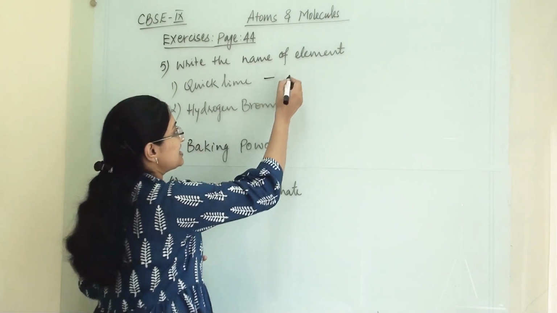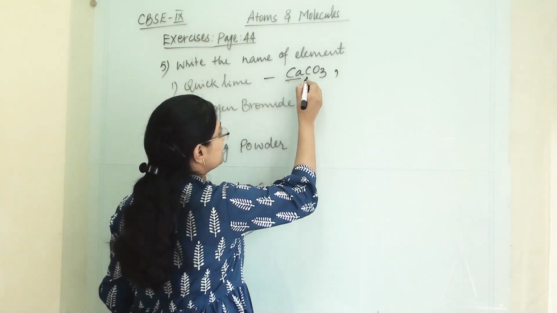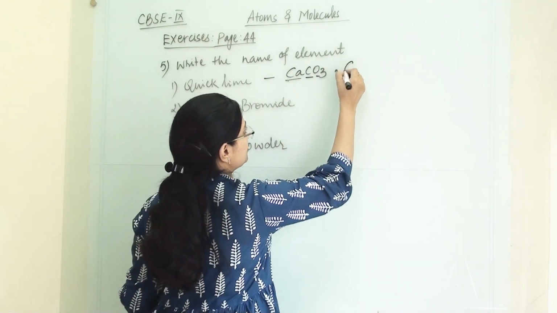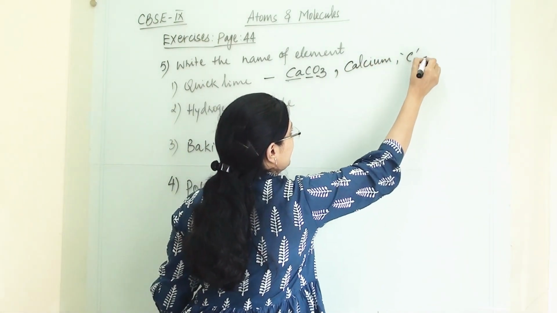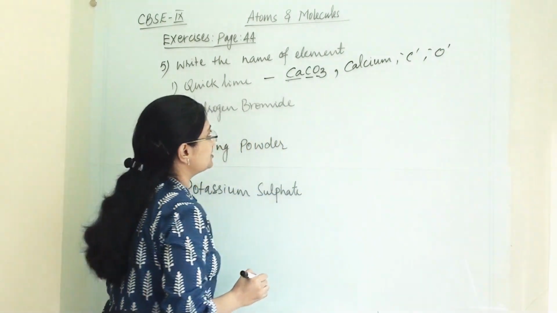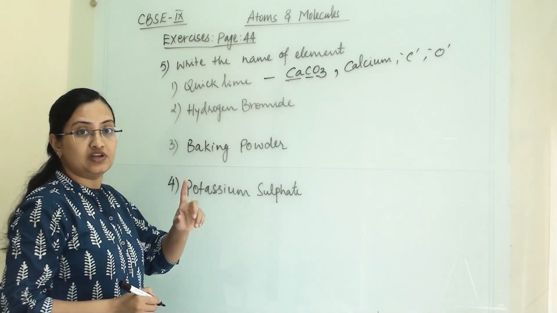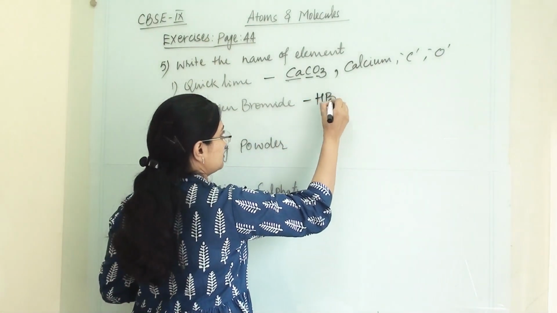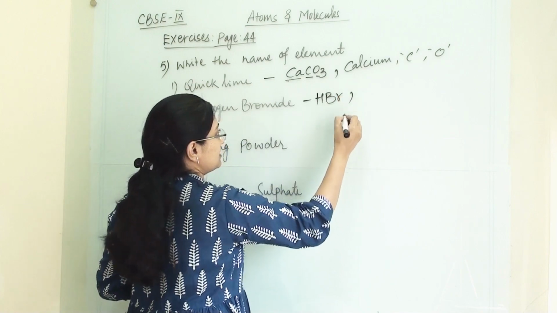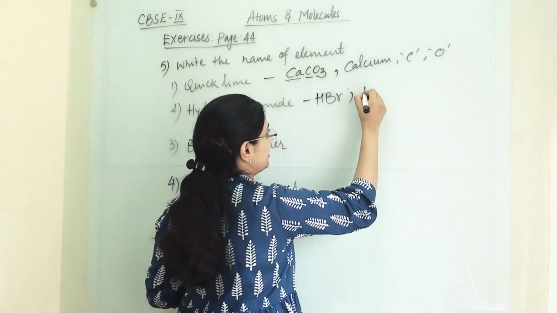How many elements are present in it? Calcium and oxygen. Hydrogen bromide. The formula is HBr. In this, how many elements are there? Hydrogen and bromine.